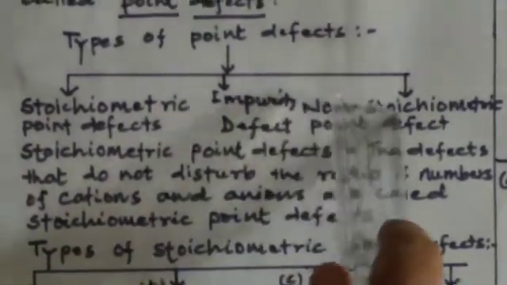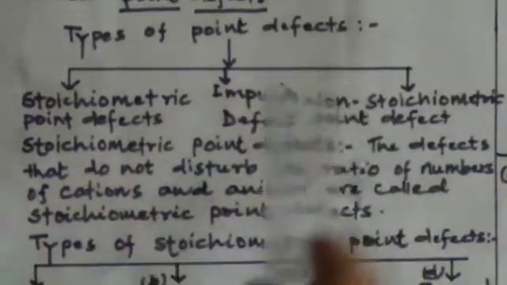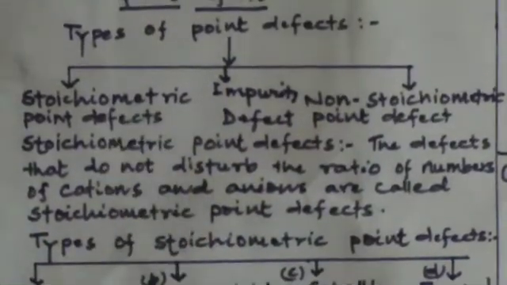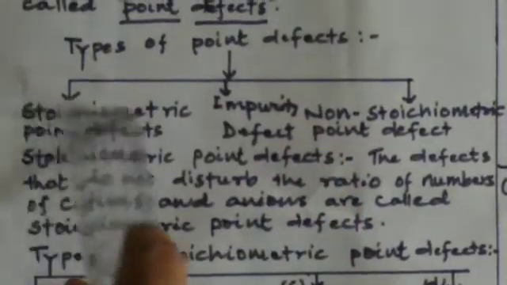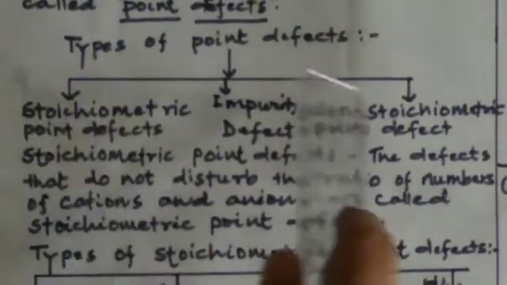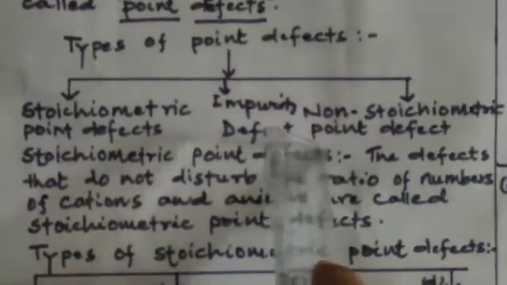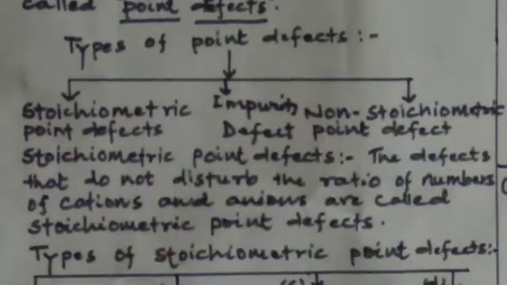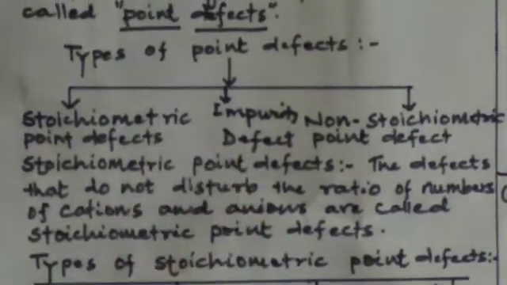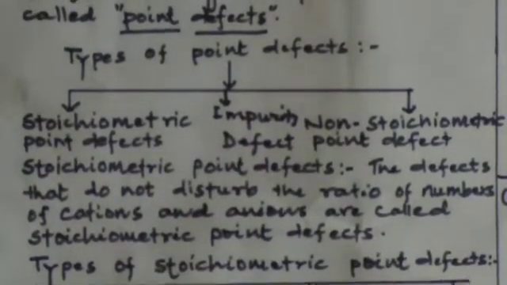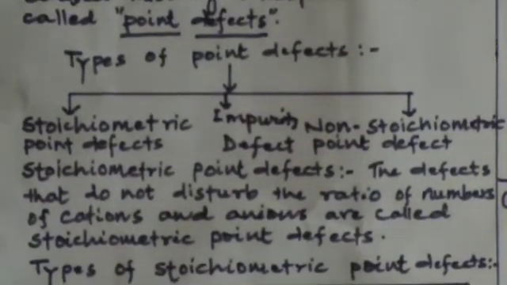Third, non-stoichiometric point defect. We will learn these defects in the order of stoichiometric point defect, followed by non-stoichiometric point defect, and at last impurity defect. So let us begin with the stoichiometric point defect.